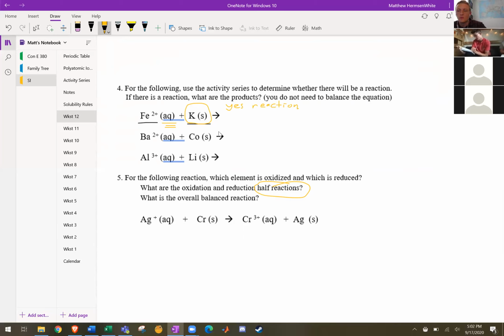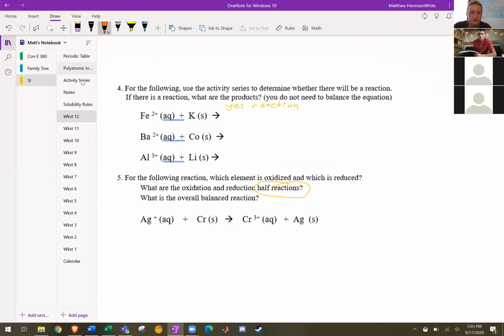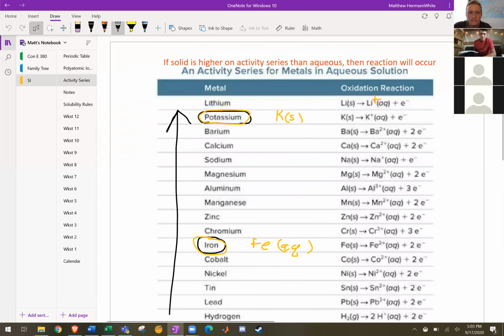And the question is, what would the products be in this reaction? The way you do that is you look at the activity series. Let's see what potassium goes to. Potassium goes from potassium to K plus. So let's go back here.